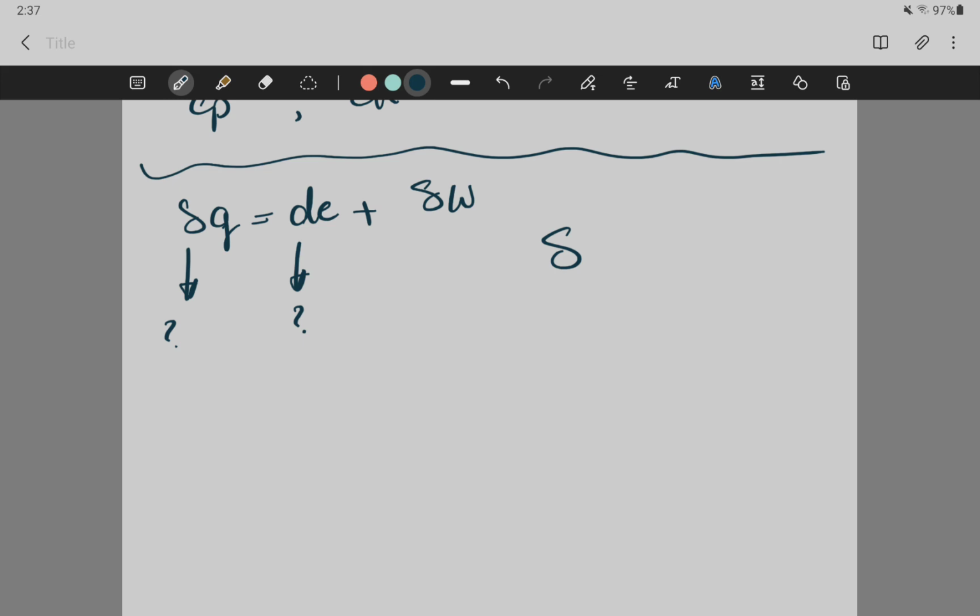So this delta is referring to a change that is path dependent, which essentially means that changes in heat and work are path dependent.